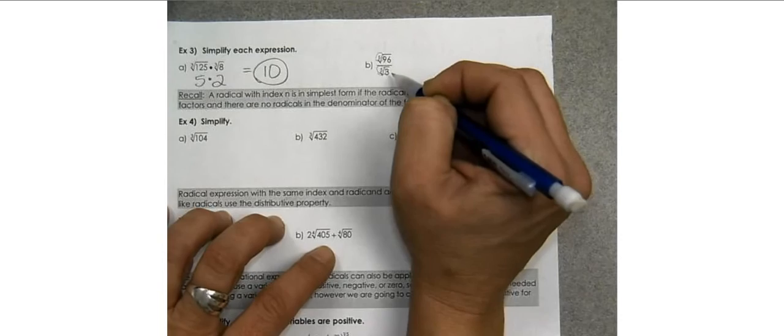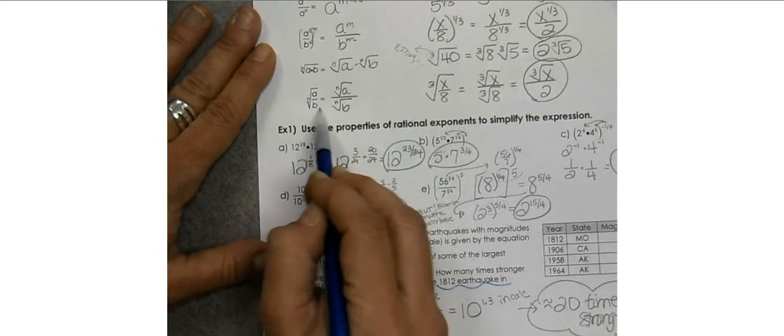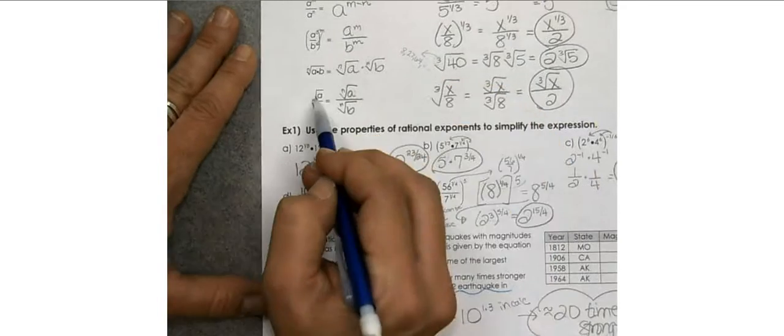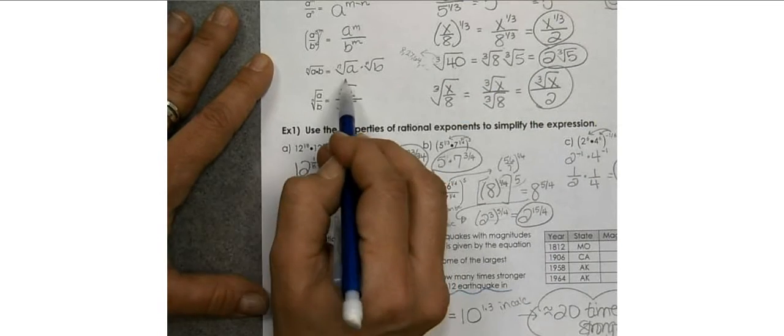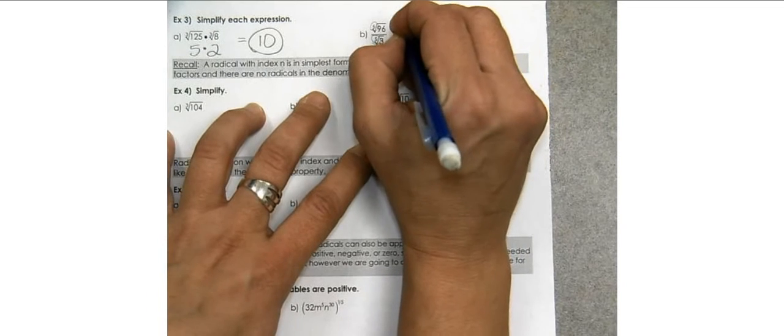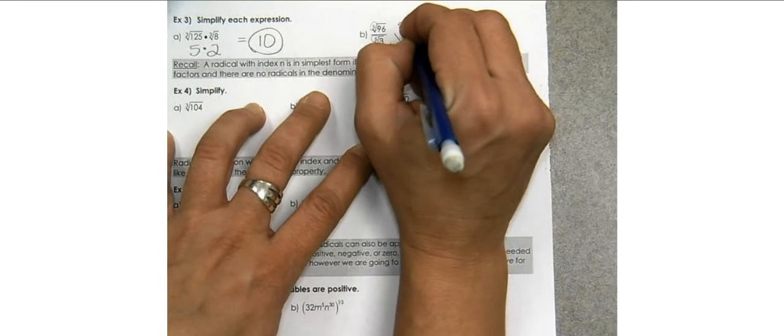Again, this looks like a hot mess, but notice these have the same index. And again, we're going to use the opposite of this right here, where if we have the nth root of the same nth root of two different values, we can turn it into the nth root of a quotient. So it's like we're going backwards with this rule. So this is going to be like the 5th root of 96 over 3.